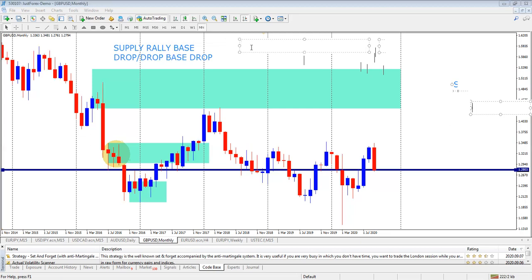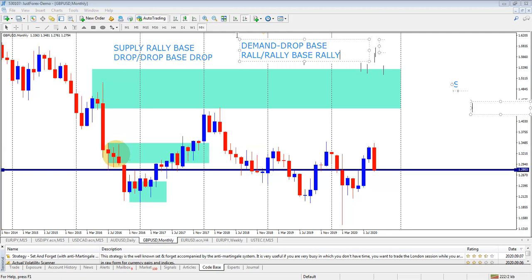And the demand can form a drop base rally and also form a rally base rally. Excuse me for taking a bit of time to explain these two.